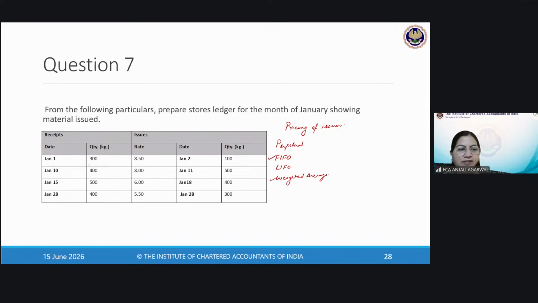What will happen in this is you have different receipts. Let's say on 1st January, 300 units at the rate of 8.5, 400 at the rate of 8, 500 at the rate of 6, 400 at the rate of 5.5 on 1, 10, 15, and 28 January.